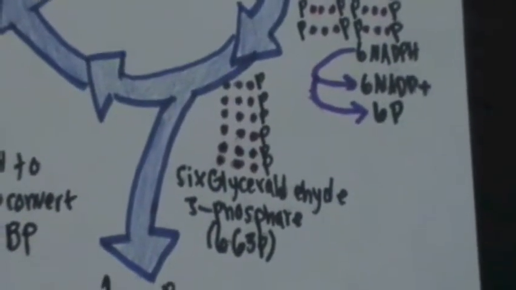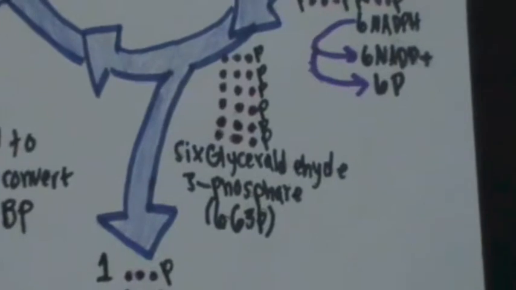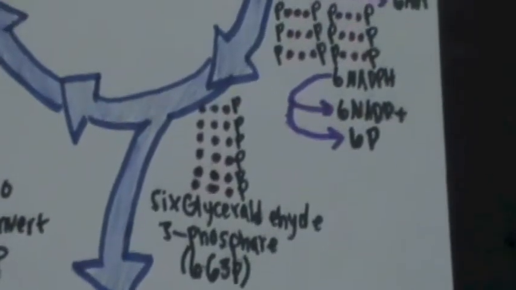The ATP turns back into ADP and NADPH turns back into NADP+, both of which go back to the light reactions to reproduce. 1 out of the 6 G3Ps exits the cycle and creates half a glucose.